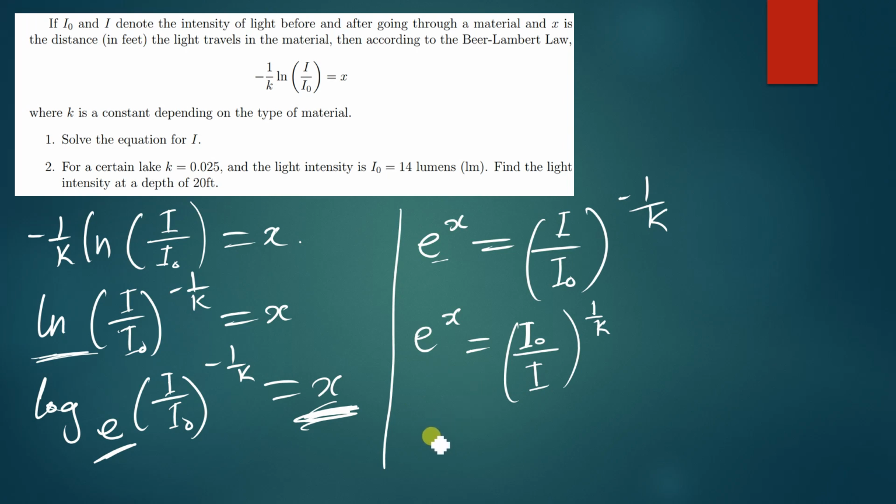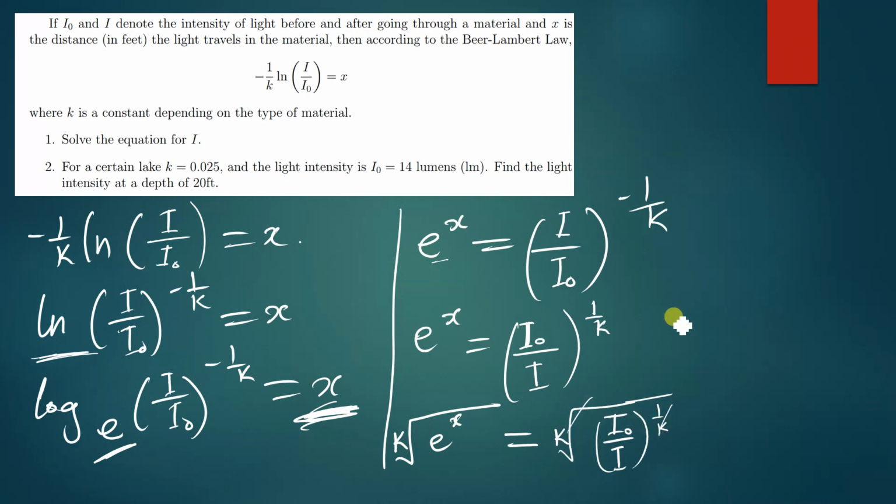We have the kth root of e to the power x being equal to the kth root of I naught over I to the power 1 over k, which means this cancels with that part.